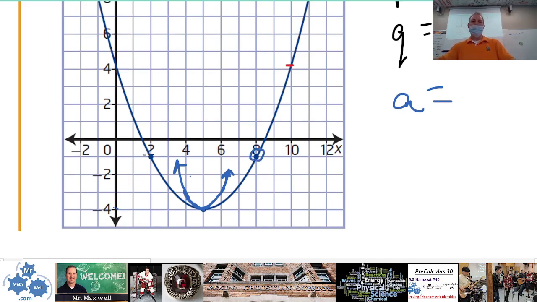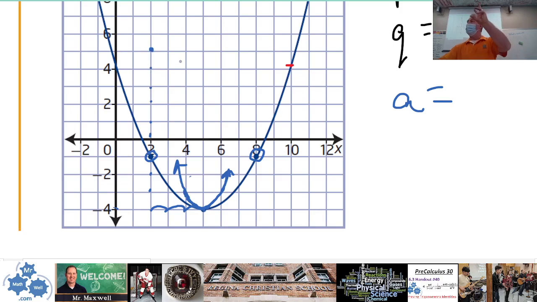This point right here is known, and so is this point. This point is 1, 2, 3 units over. On a normal parabola, how many units up should you go once you go 3 units over? It's 9. Over 1, up 1. Over 2 should be up 4. Over 3 should be up 9.